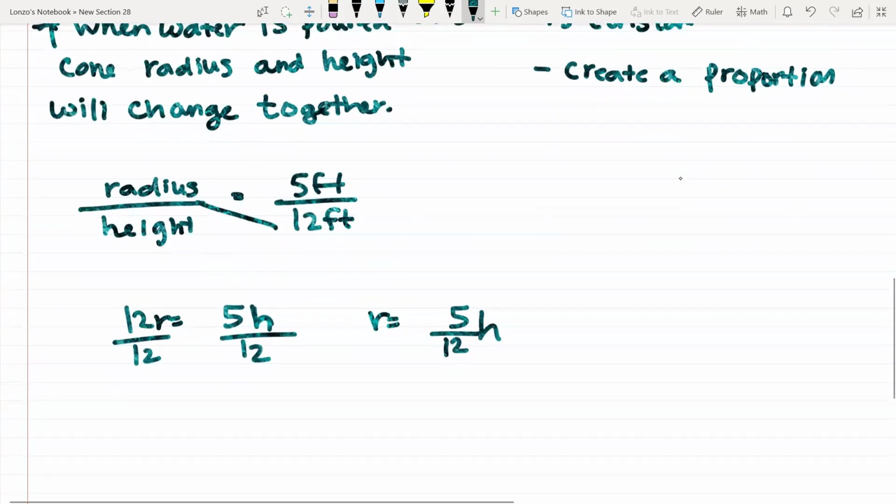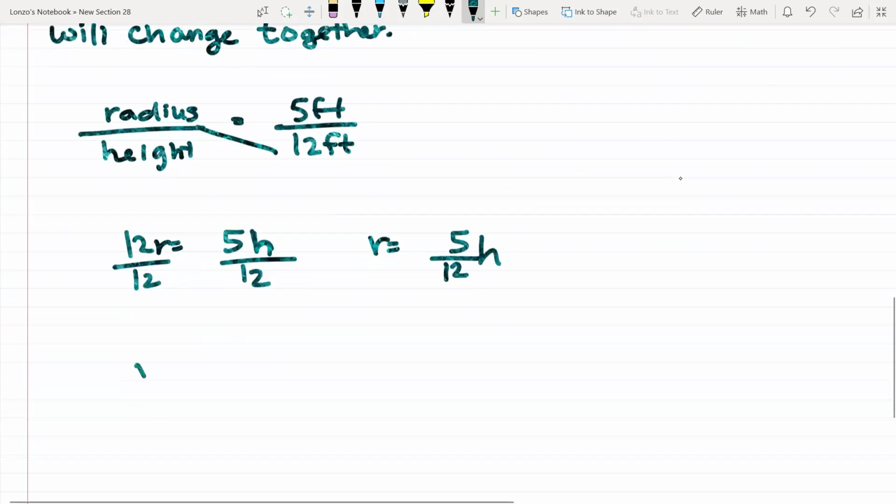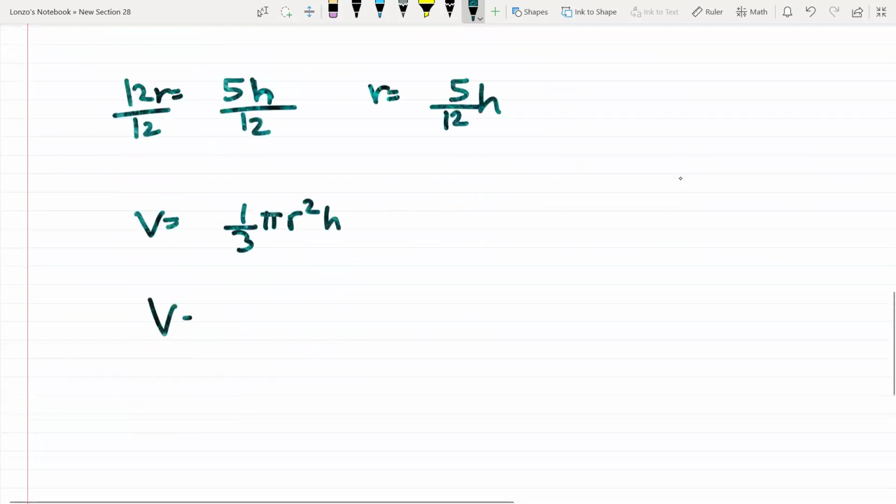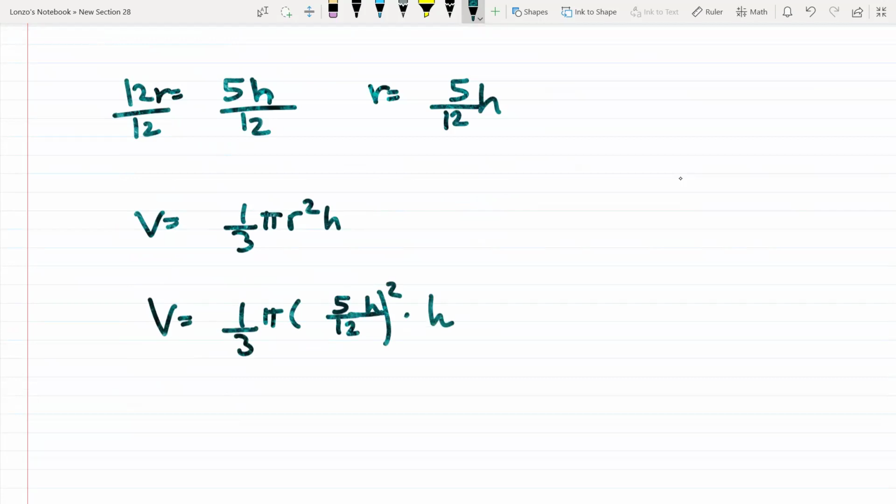Okay, so now what we're going to do is substitute that value into our volume formula. So volume is 1/3 pi r squared times h. And I'm going to substitute that value. So that would be 1/3 pi, and then my radius is 5 over 12 h squared times h.